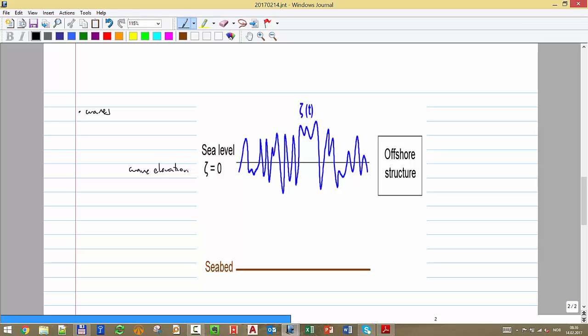I fix the sea level at a particular height from the seabed. So when you say a particular development, Snow White or Gulfax, has 400-meter water depth, that's what you're talking about. That's going to fluctuate slightly with time, but you're referring to the average depth, the average height. And we say eta(t) is how the elevation will change with time.